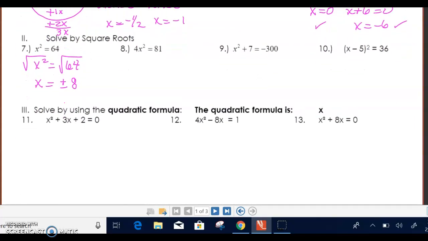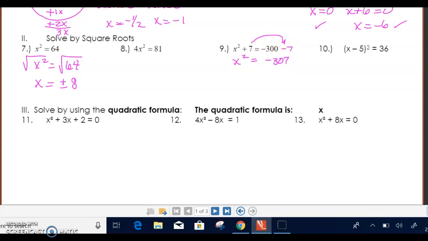Okay, let's look at another one. How about problem number 9? I can't solve it until I get the x squared by itself. So I am going to subtract that 7. So I get -300 minus 7, which is -307.